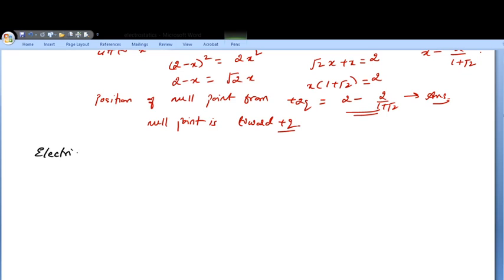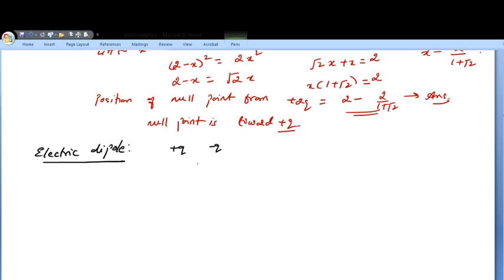Now we come across the word electric dipole. Electric means charges, dipole means two. So it is basically two charges. When you talk of electric dipole, you have an arrangement of two charges, plus q and minus q.